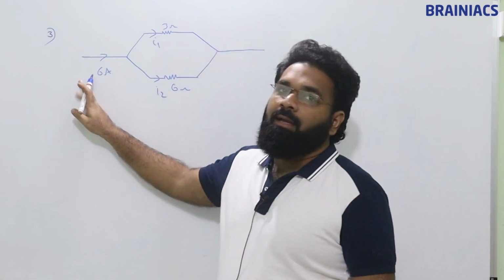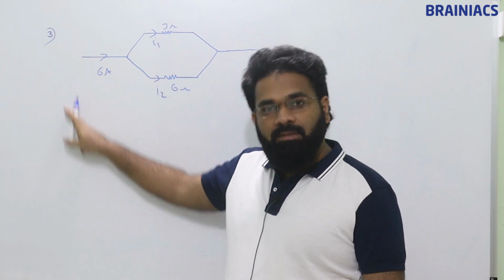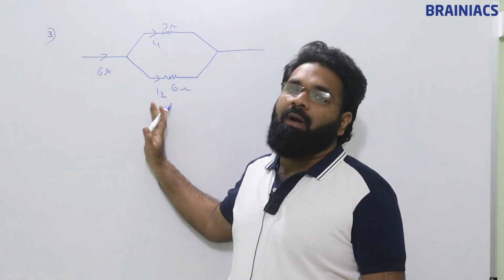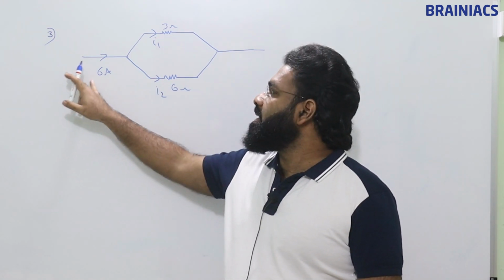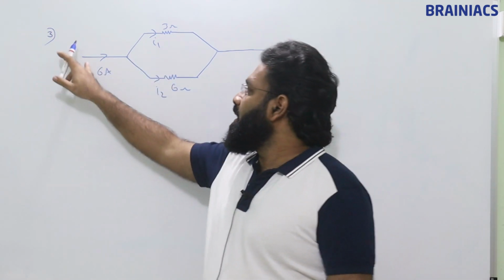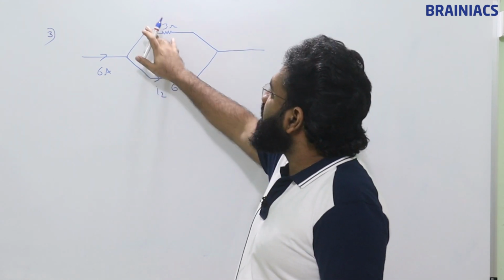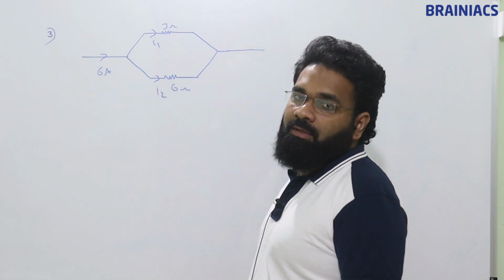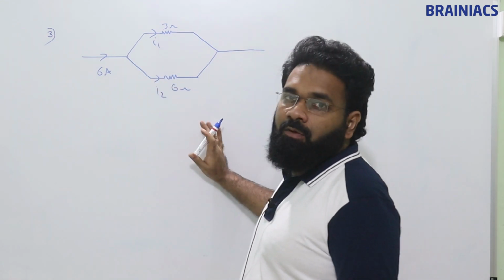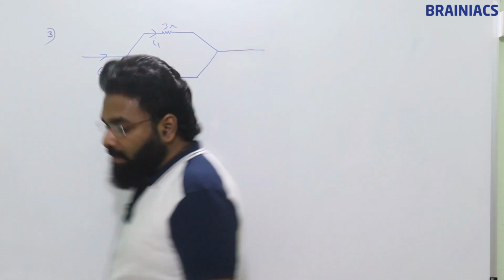It doesn't mean that this is not connected. This is connected, but only this part of the circuit is given in the question. The only hint for us is that 6 ampere is coming. If a voltage had been shown, we would be able to put those voltages here and understand the current values. But here that voltage is not given. Only this 6 ampere is given.